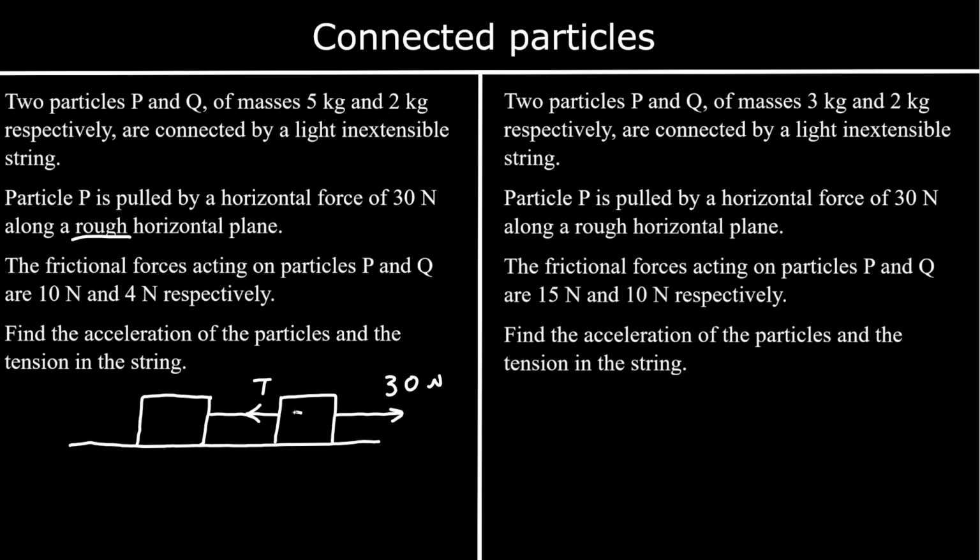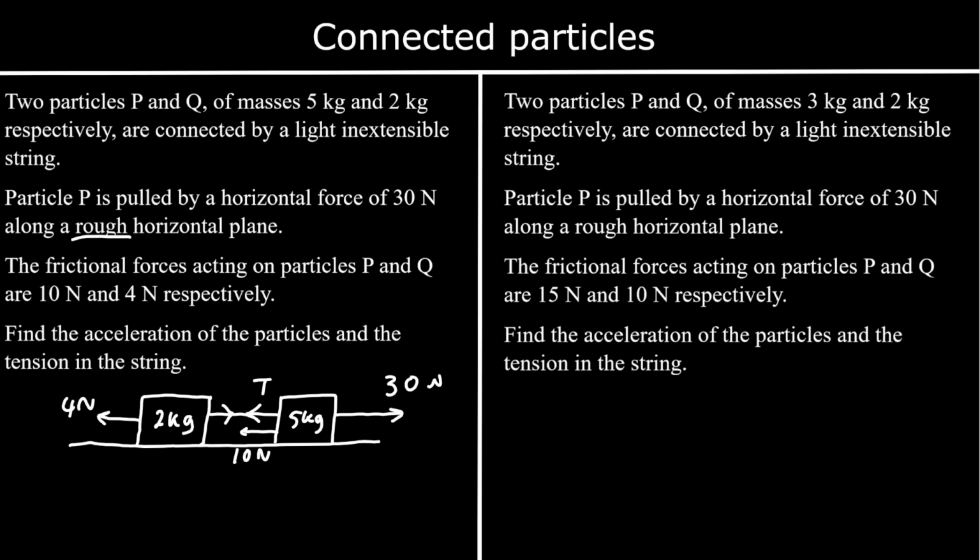So P is 5 kilograms, a tension force pulling P back, but that same tension force is going to be pulling Q forwards. The frictional forces are 10 newtons and 4 newtons. So 10 newtons resisting the motion of P and 4 newtons resisting the motion of Q.